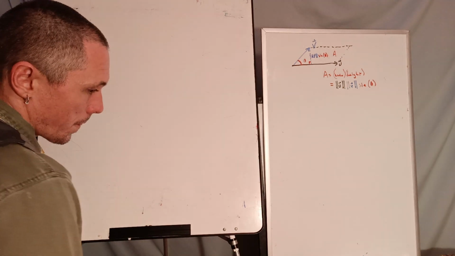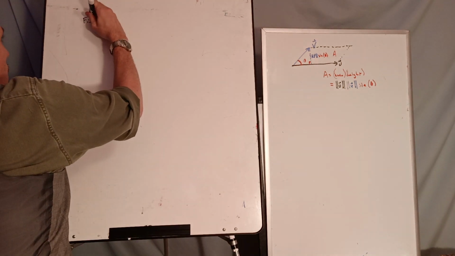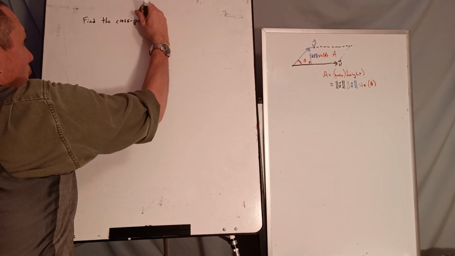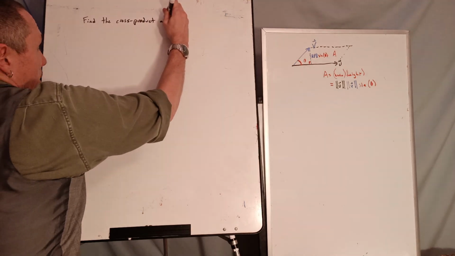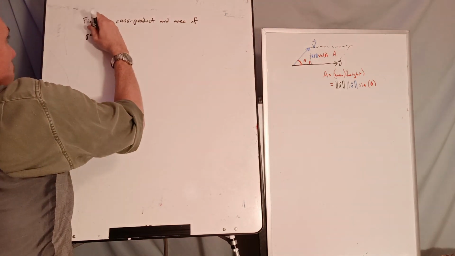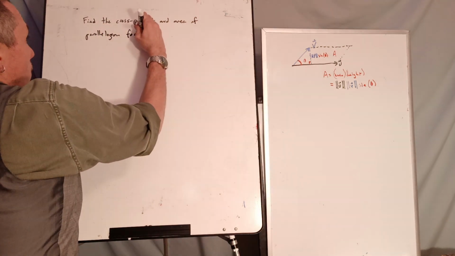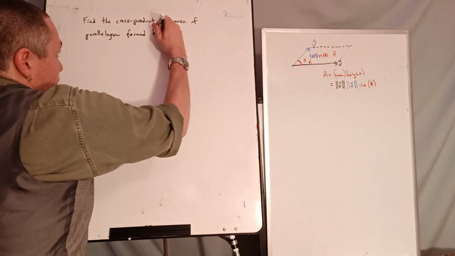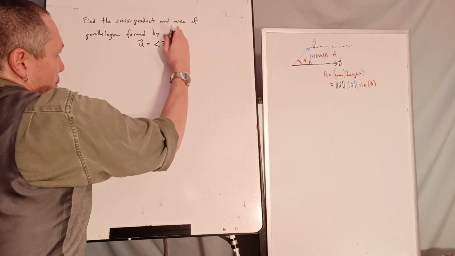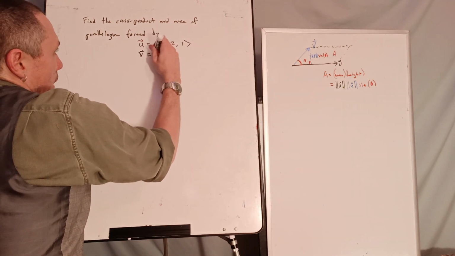So let's find the cross product and area of the parallelogram formed in the plane by our vectors from the first example, 3, 2, 1, and 1, 2, 3.